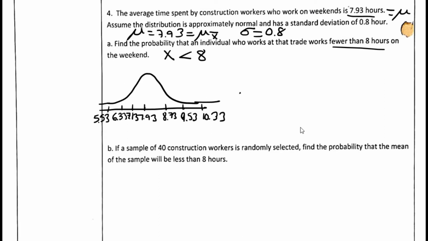So those are our numbers, and we want less than 8. So 8 is around here. So we want less than. All right, so we're going to calculate the z is 8 minus 7.93 divided by a standard deviation of 0.8.